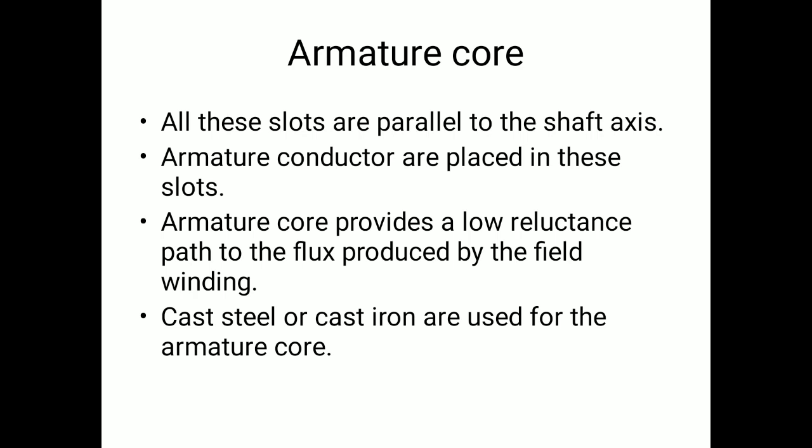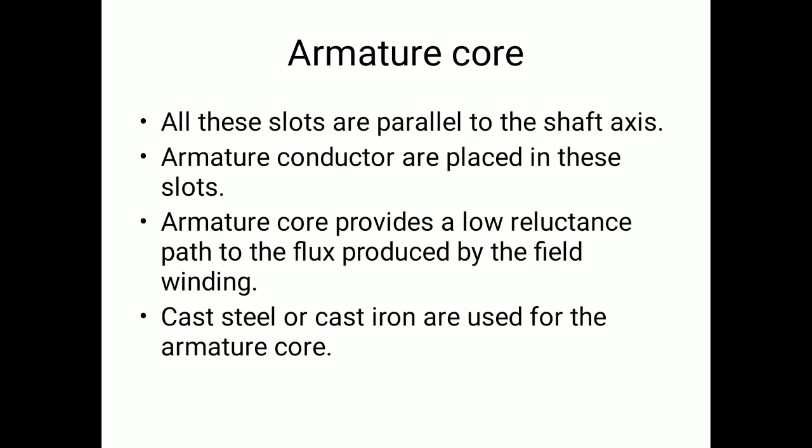The armature core provides a low reluctance path for the flux produced by the field winding, which means least reluctance to magnetic flux. The material used for the armature core is cast steel or cast iron. The armature core slots are used for holding the armature winding.